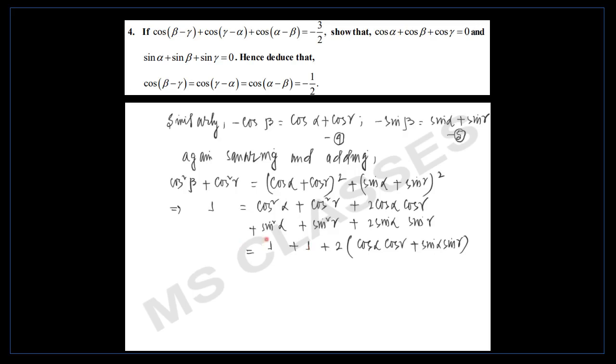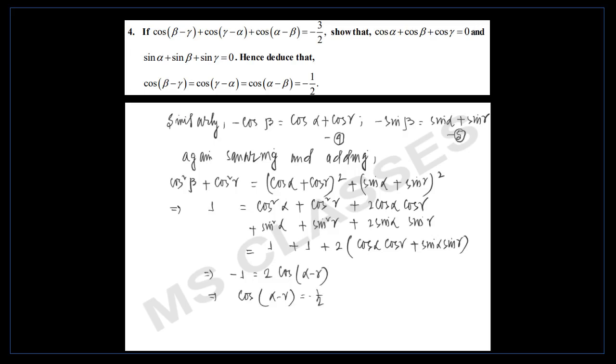So what we'll get ultimately is minus 1 equal to 2 into cos of alpha minus gamma. So this is cos of alpha minus gamma equal to minus half.